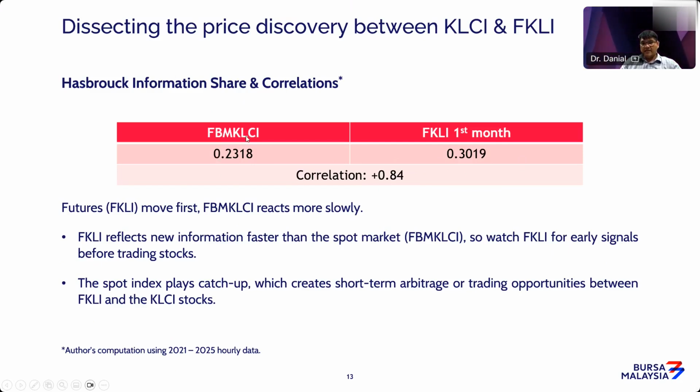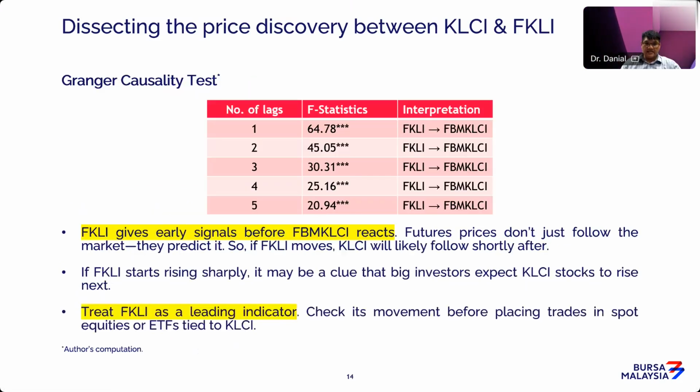For the spot KLCI, it only contributes 0.2318 to KLCI futures movement. However, KLCI futures contributes to the spot KLCI itself 30%. So again, KLCI futures influence the spot more than the spot influences futures. That is what we can say from this slide.